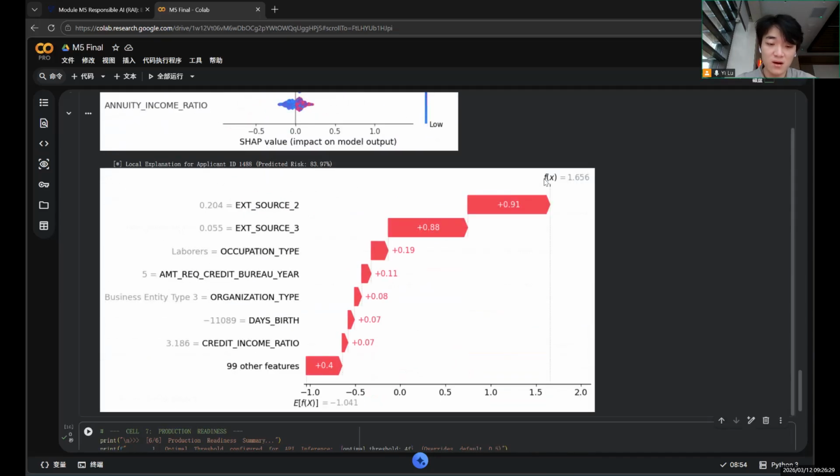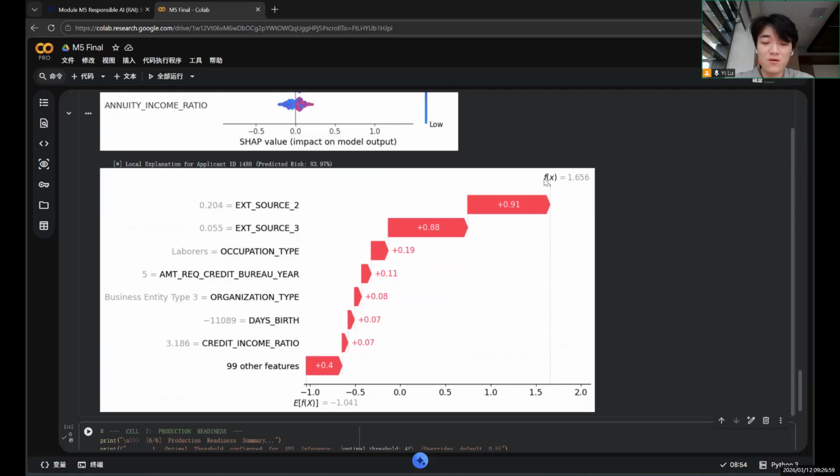However, global explainability is not enough to support accountable decision-making on an individual level. If an applicant is denied a mortgage, handing them a global feature importance chart is entirely unhelpful. They need to know why their specific application was rejected. To solve this, I implemented local SHAP explanations using waterfall plots.